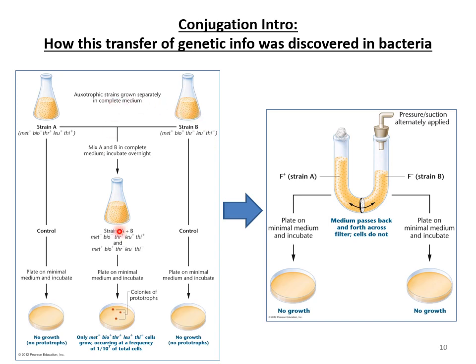When they're combined together, suddenly you're able to see growth on the minimal plates. So it tells you that they have transferred their genes so that now they're able to synthesize all of those necessary nutrients and grow on the plates that they couldn't grow on individually.